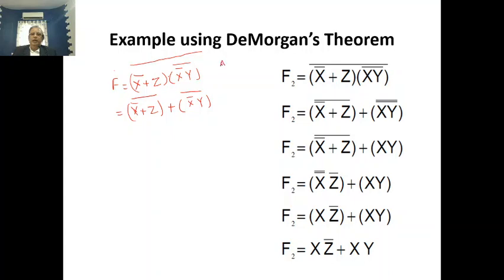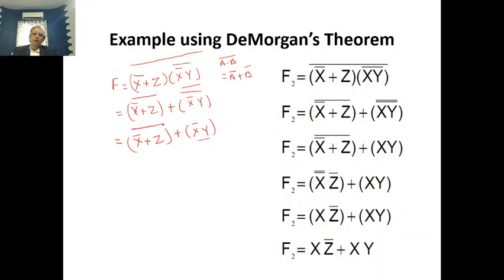This is A dot B, this is A, this is B, that is equal to A bar plus B bar. Then simplify this: x bar plus Z whole bar, plus x bar y whole bar, and here there is double inversion. One is for this as it is original, and second is due to using De Morgan's theorem, and that will cancel out, and we are getting here this term is x bar y.